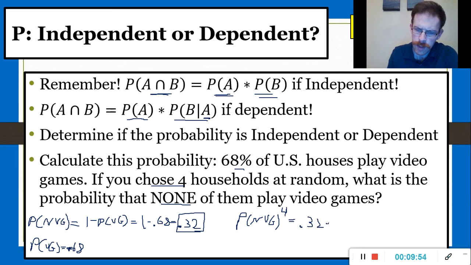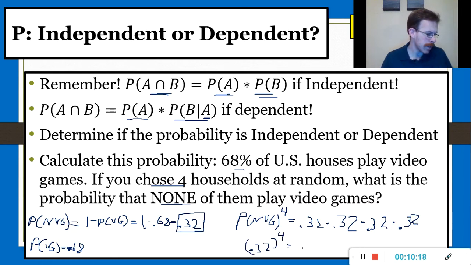So that's going to be 0.32 times 0.32 times 0.32 times 0.32, a little tedious, or that's simply 0.32 to the fourth power, which is 0.0105.